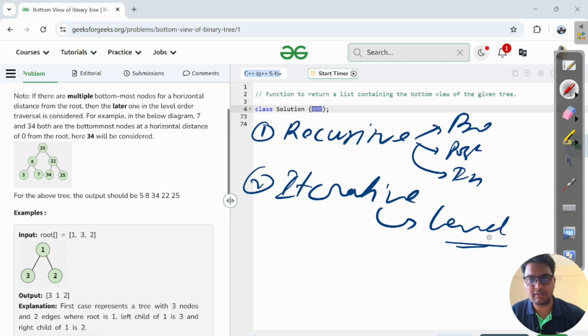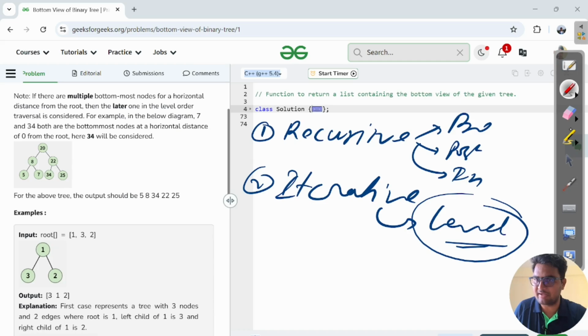In the last couple of videos, I explained the recursive approaches, pre-order and post-order, and so we solved the left view, right view, and top view. Today we will take a look at the level order traversal. We will solve this bottom view problem using the level order and also pre-order.